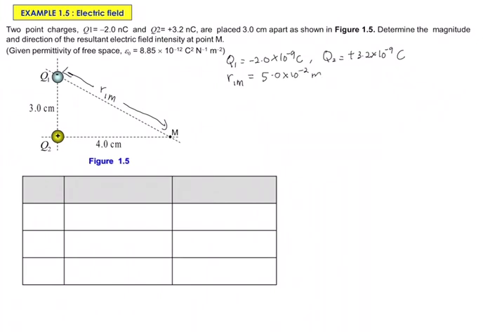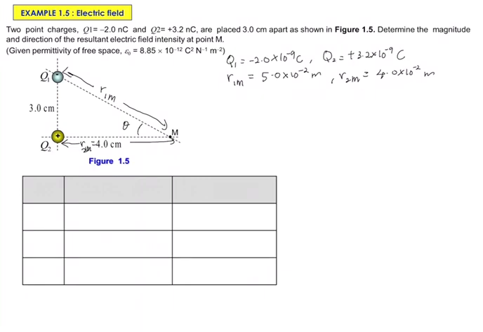And then what you have here is R2M, which is 4 times 10 power of negative 2 meters. We label here R2M from Q2 to M. And then we have to determine theta, where this is your theta.